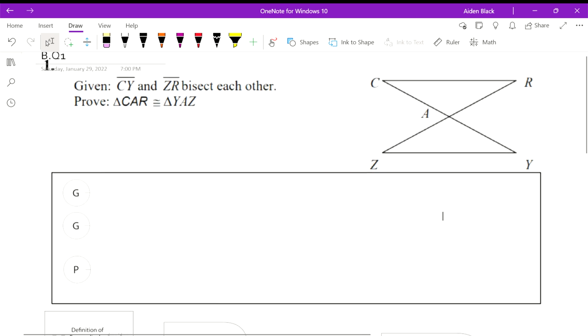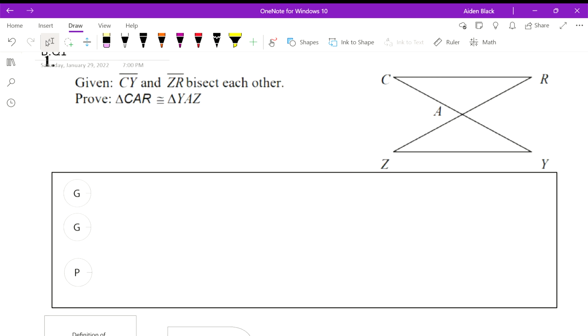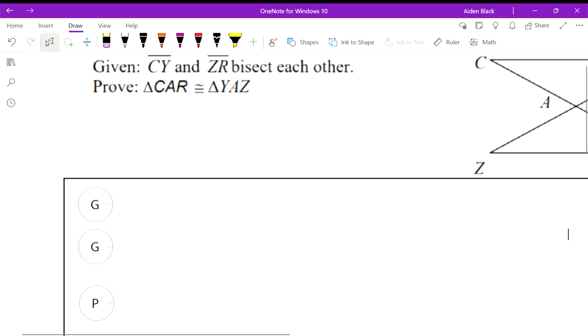So, the cool thing about this piece of information, notice with all the other ones we were given two pieces of information. It looks like we're just given one here. CY and ZR bisect each other. Well, that's actually 2 bits of information.